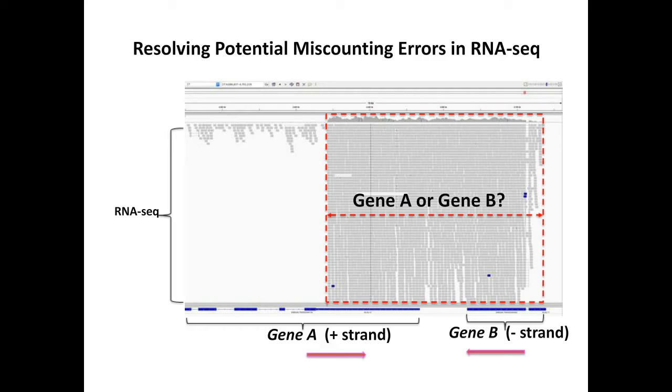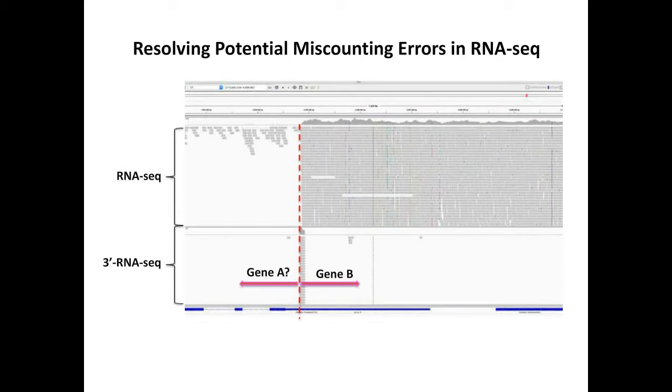This is based on RNA-seq. Whether all these reads in RNA-seq belong to gene A, or they belong to gene B, based on RNA-seq data it is not clear. But we use the 3' RNA-seq data to figure out where they belong.